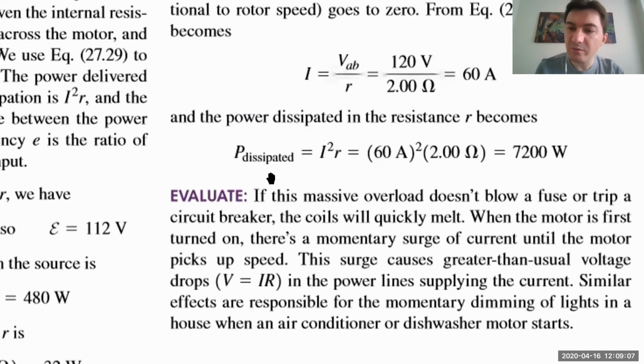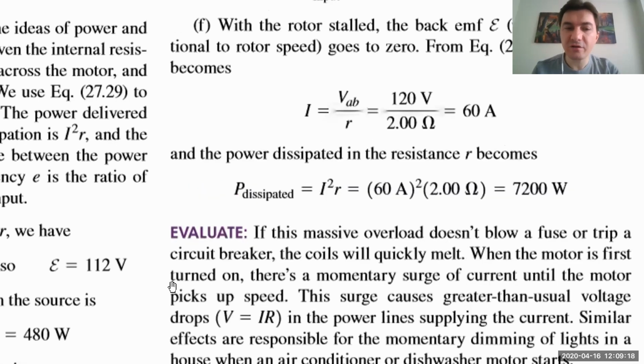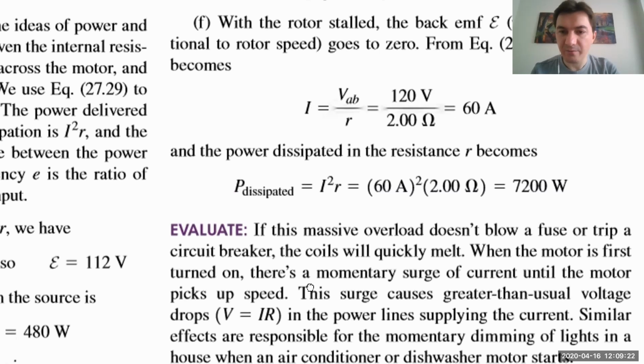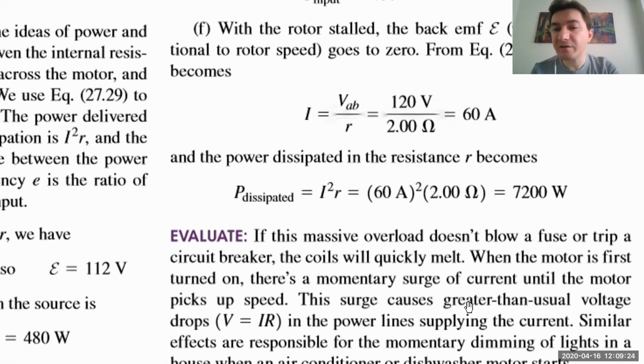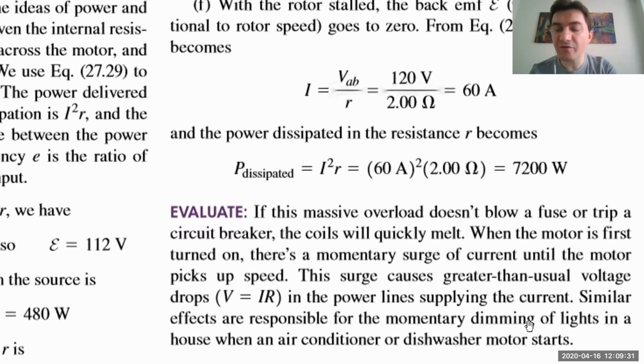When you start motors at the beginning, they will draw huge current since the back EMF is small. Then the voltage drops in the power lines supplying the current, and this voltage drop will be greater than usual. Similar effects are responsible for the momentary dimming of lights in a house when an air conditioner or dishwasher motor starts.